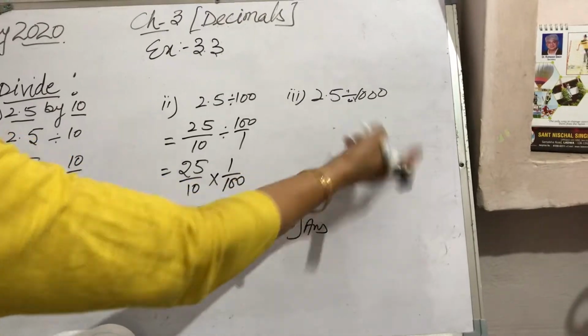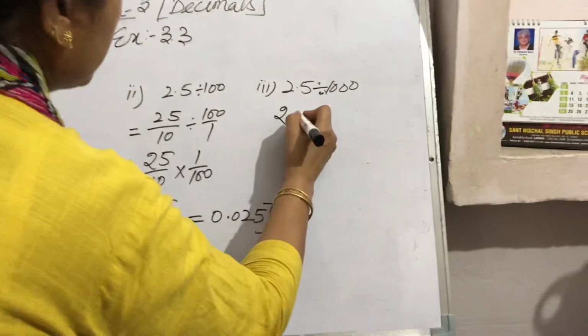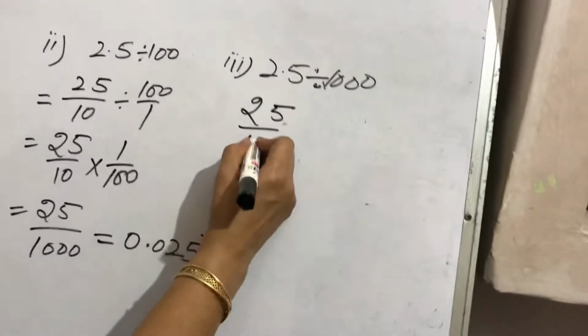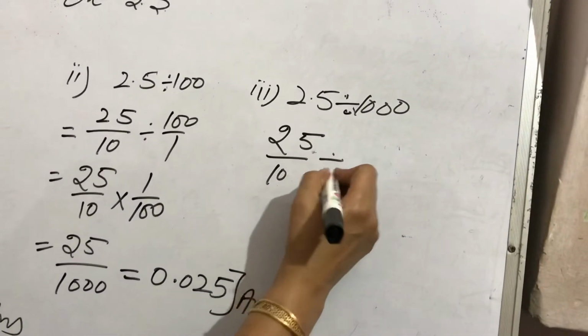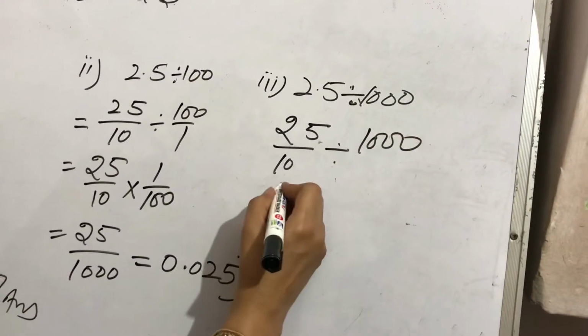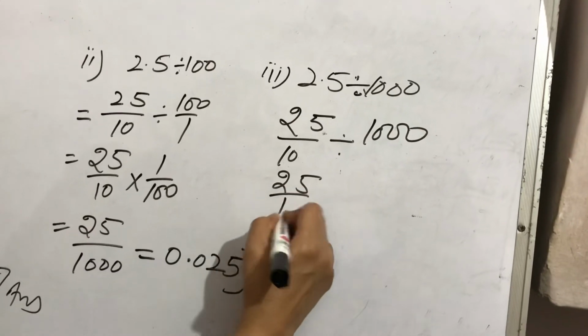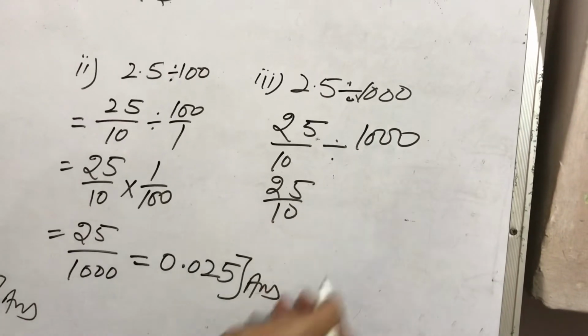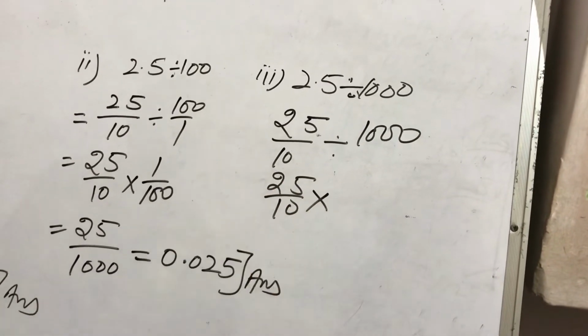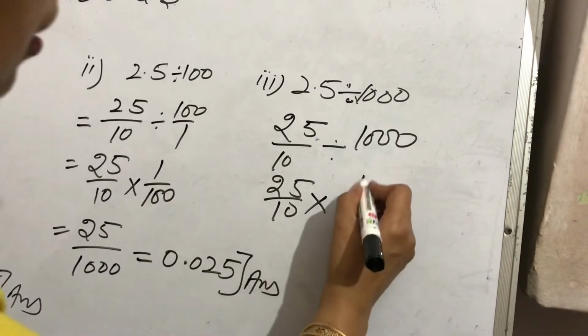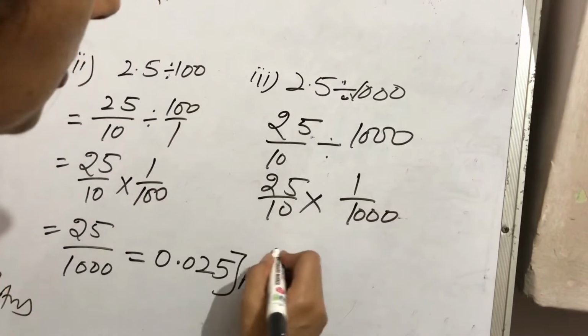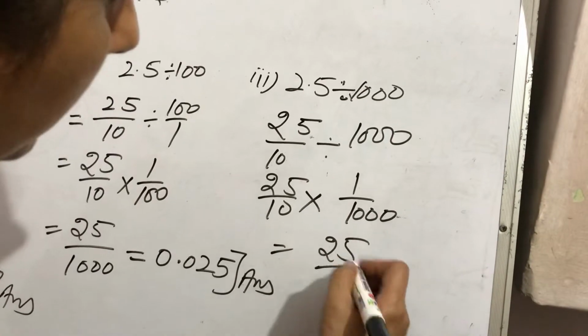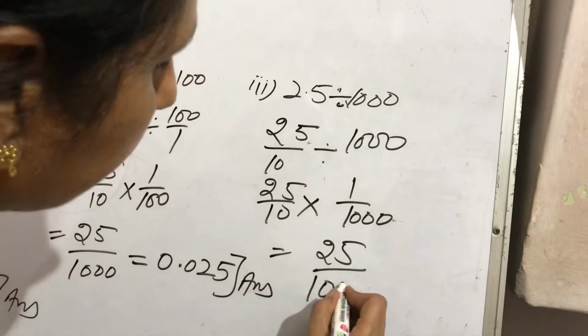Third part, 2.5 divided by 1000. So in the first step we'll remove the decimal. Next step, we'll take the reciprocal. By doing the reciprocal, this sign converts into multiplication. 1 upon 1000, 25 upon 10 thousands is 10,000.